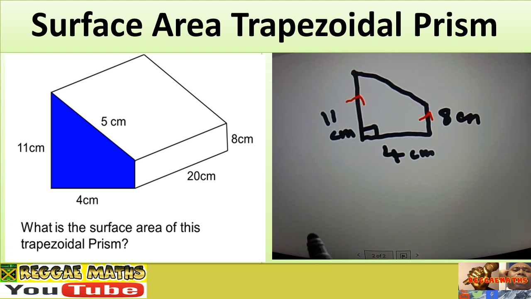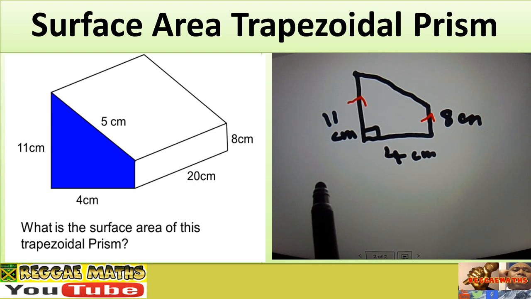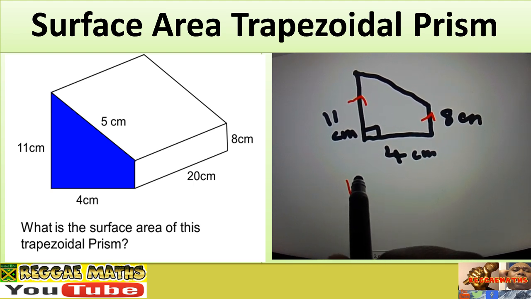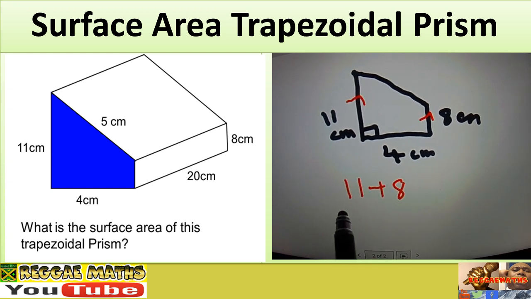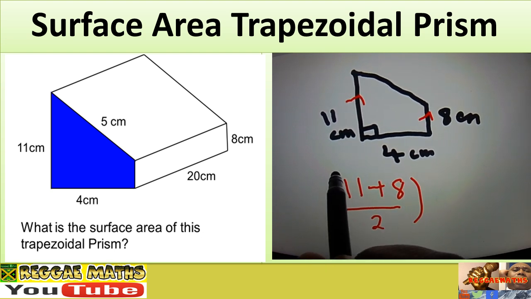and 8. So to work out the area of the trapezium using the formula that I've just showed you, you basically will do 11 plus 8 divided by 2 times by 4.